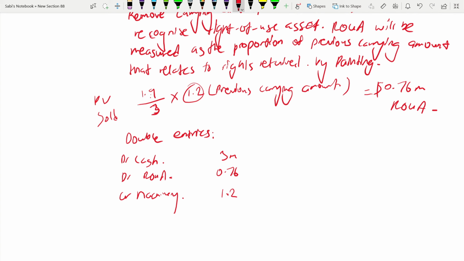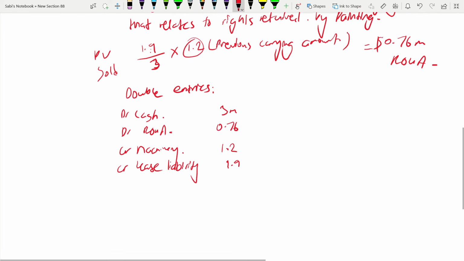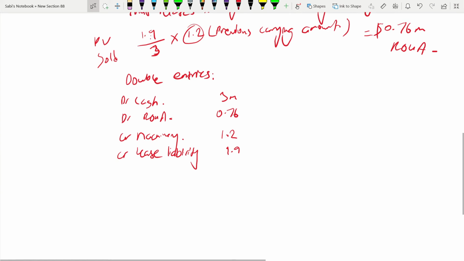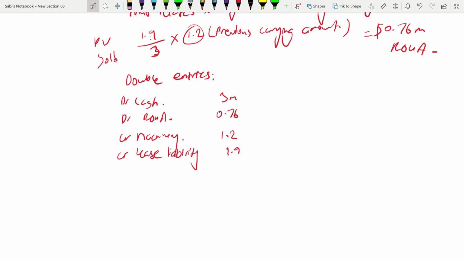Then credit lease liability. How much? They've already given 1.9. If you add up your debit and the credit side, always you have to do this. Whenever double entry is there, it should match. Debit should always equal credit. If it's not, something is wrong. You're missing out on something.